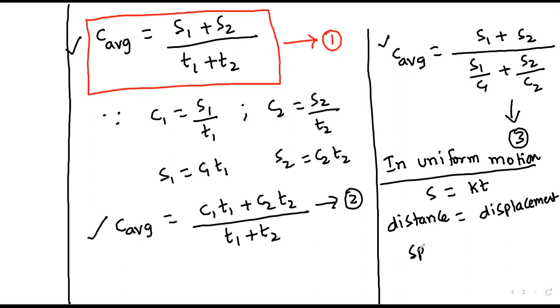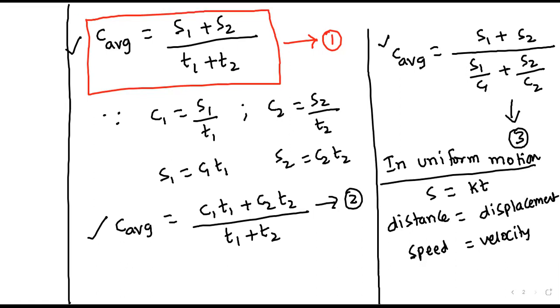So that implies speed is equal to velocity, so average speed is equal to average velocity. In uniform motion, average speed equals average velocity. Both will have the same formula.